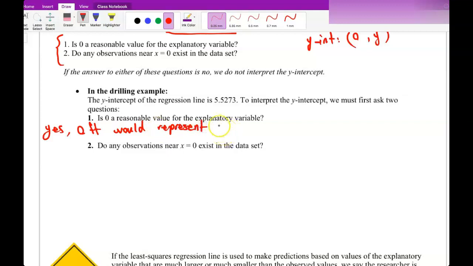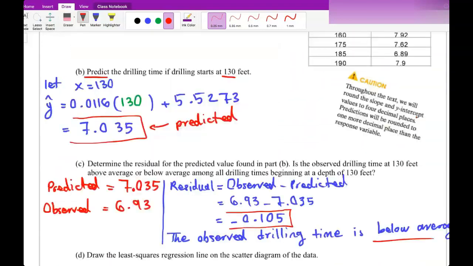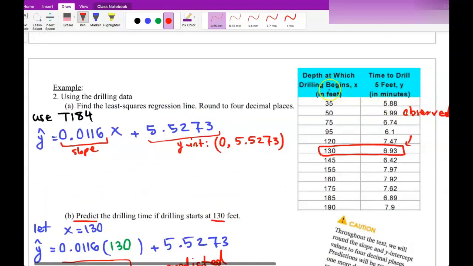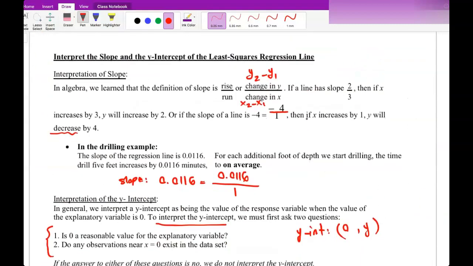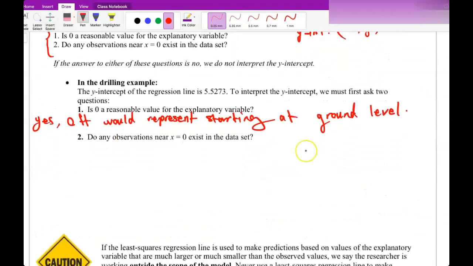Because based on the table here, x was for depth, and when x is equal to 0, that means the starting point is at ground level.